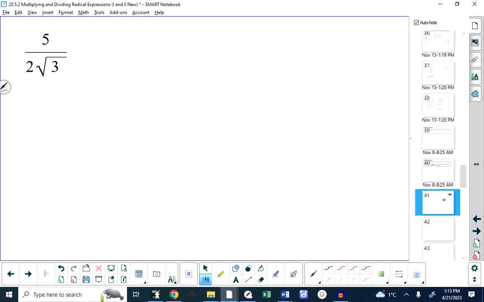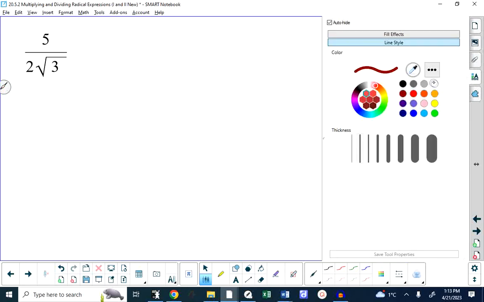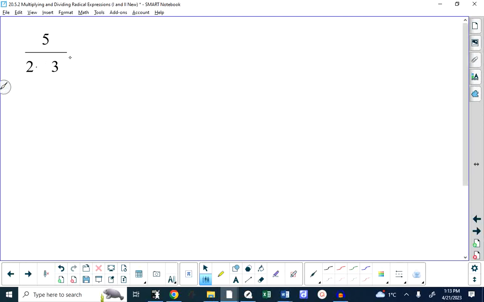I hope you can appreciate that removing the radical from the denominator does not mean you do this. You don't just erase it and ignore it. What removing the radical from the denominator means is we have to change the appearance of this so there's no longer a square root there. And there are reasons for this.